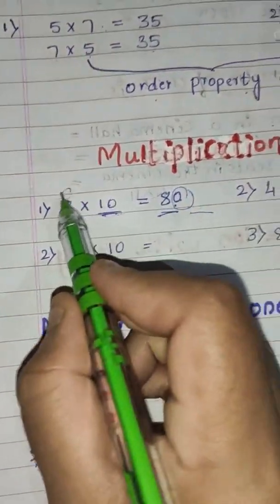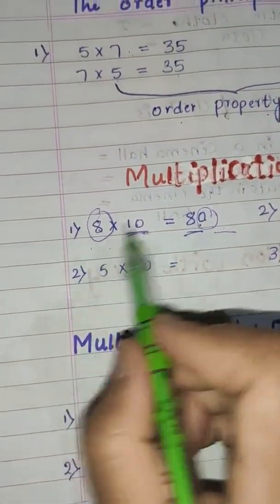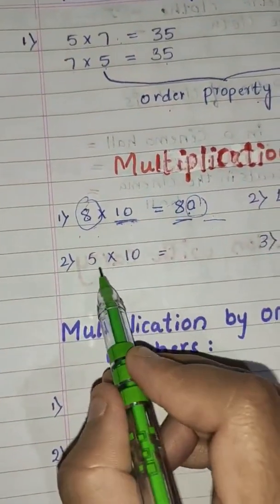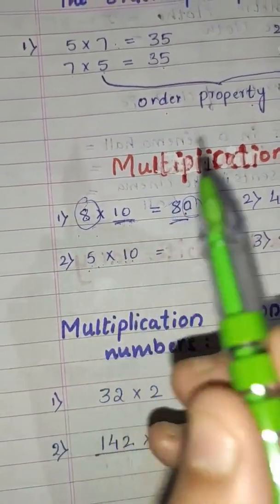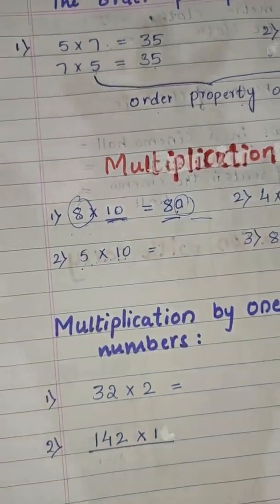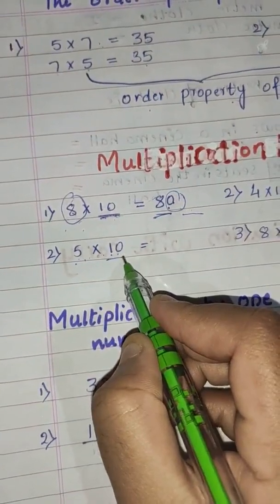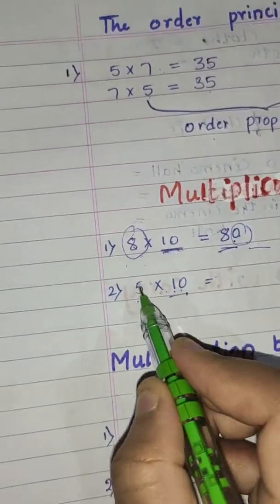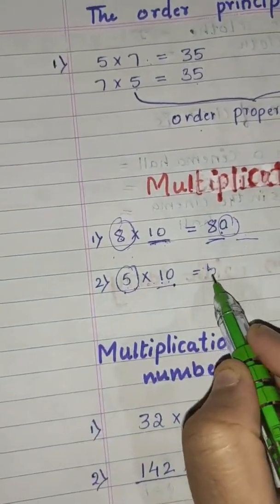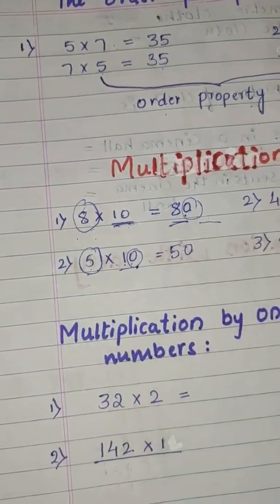So this is a multiplicand, and this is a multiplier. Any number, you just take any number. Here is one more example, 5 into 10. When a number is multiplied by 10, the product is obtained by placing 1 zero to the right of the multiplicand. So 5 and this one 0. So it will become 50.